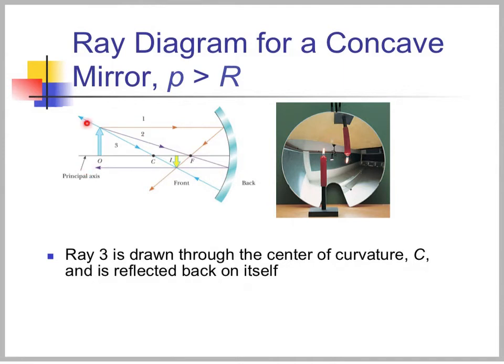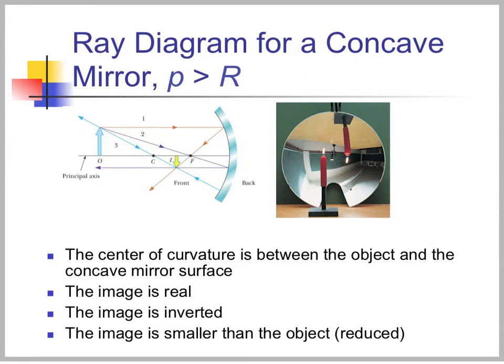Ray 3 is through the center of curvature and is reflected back on itself. And all three of these cross at the same point. So the center of curvature is between the object and the concave mirror surface. The image is real, in other words, it's in front of the mirror, I can project it on a screen. It's inverted, and it's smaller than the object, it's reduced in size.